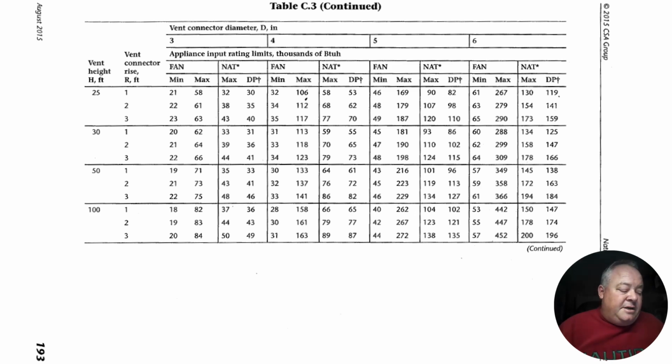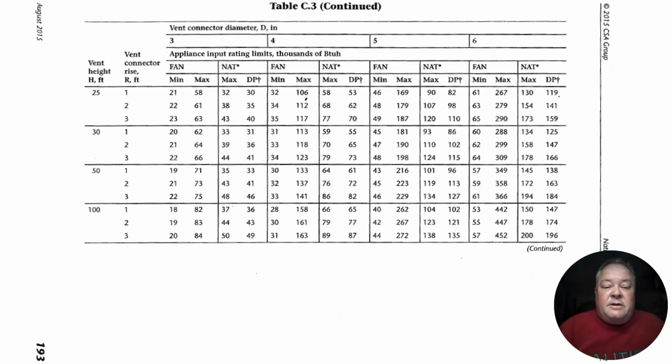The next thing that we need to calculate is going to be for the mid-efficiency furnace. Again, we're going to go to the 30-foot vent height, but now we have a 3-foot vent connector rise. So we're coming down here to the 3-foot section, and because it is a power vented, or fan assisted is a better term, piece of equipment, we're going to come over here and look in the fan min and max column, and you can see our limits here for a 3-inch vent are 22 or 23,000 BTUs up to 66,000.